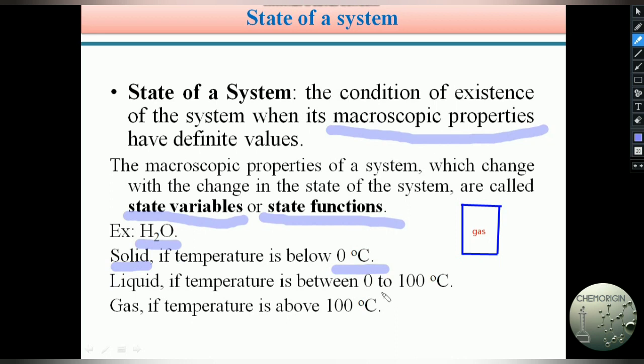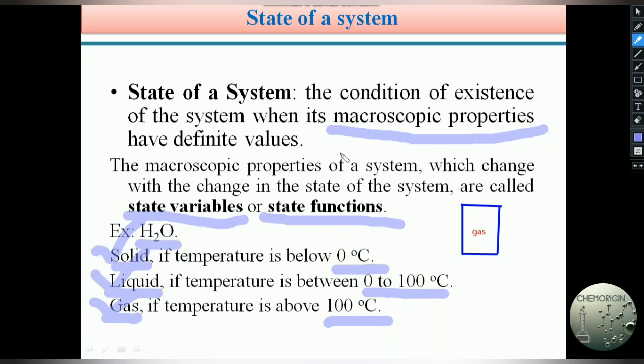Between 0 and 100 degrees centigrade, water exists as a liquid, and above 100 degrees centigrade, water is in gaseous state. The same chemical is present in solid, liquid and gaseous states, but it changes with temperature and pressure.